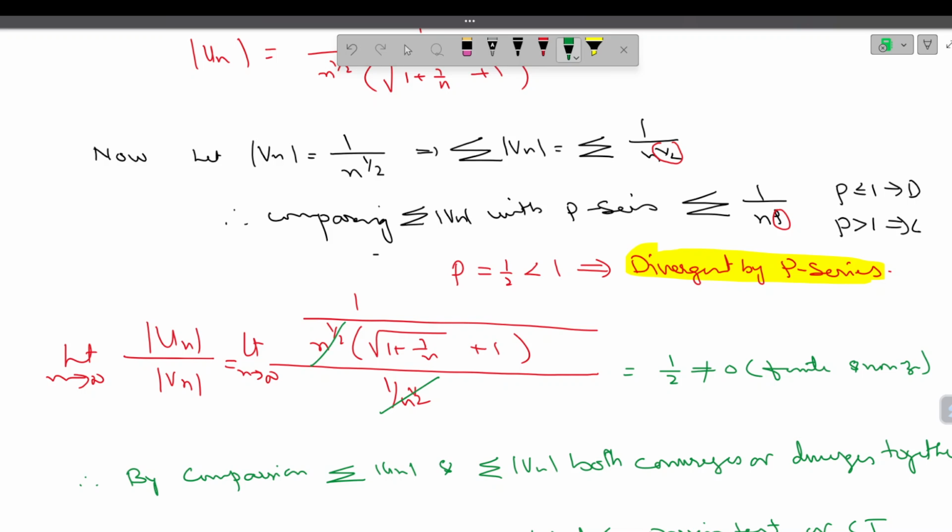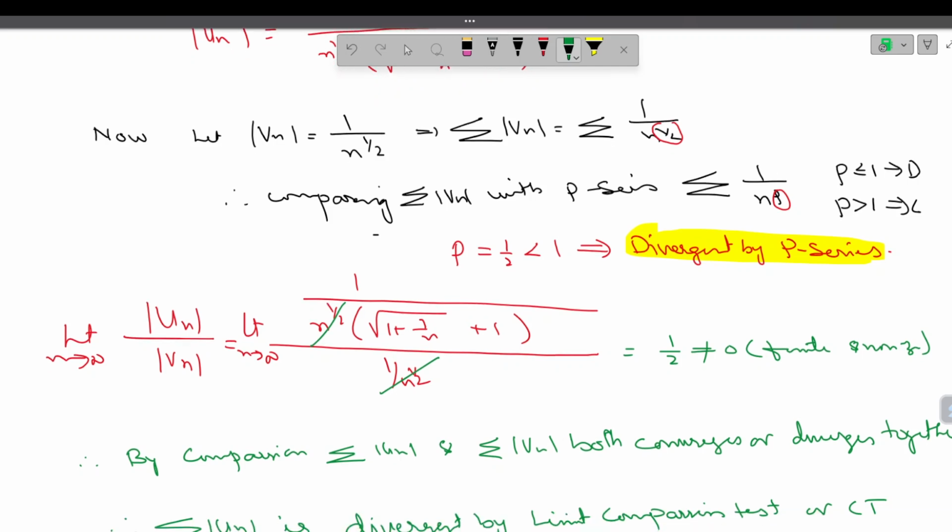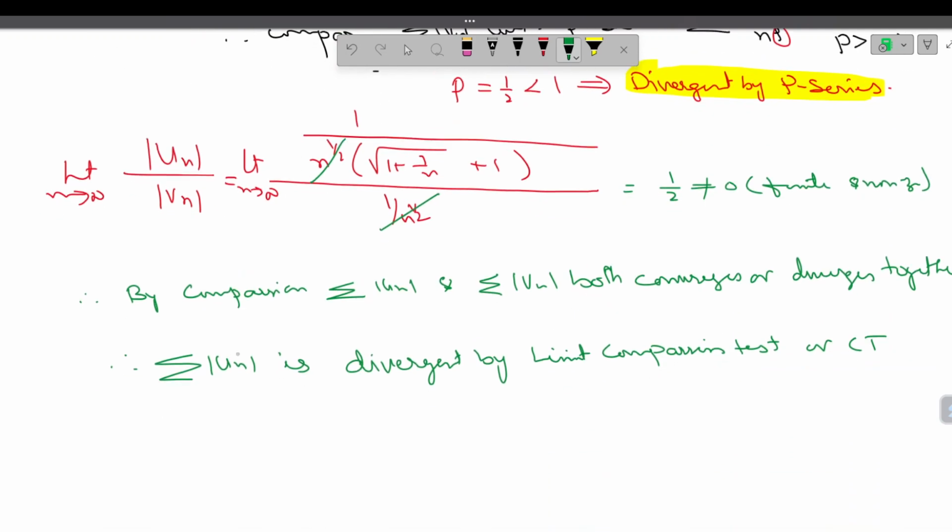If it is finite and non-zero, then the result we got for the part taken, we use that. So it is divergent here. The limit comparison test says both series converge or diverge together. Therefore, sigma mod of un is divergent by the limit comparison test, or simply the comparison test.